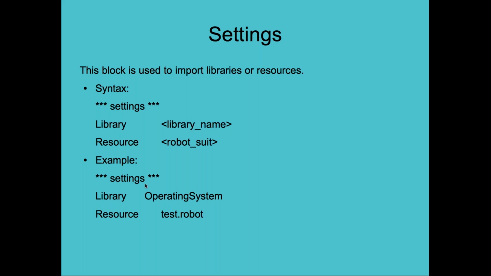Here I gave some example: settings, library OperatingSystem, and resource just.robot. Robot Framework itself supports a few inbuilt libraries, which are already written in Robot Framework. Those we can directly import and use. For Library you can specify the library name.